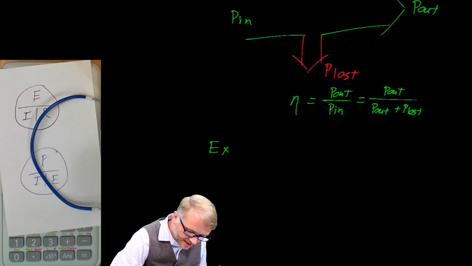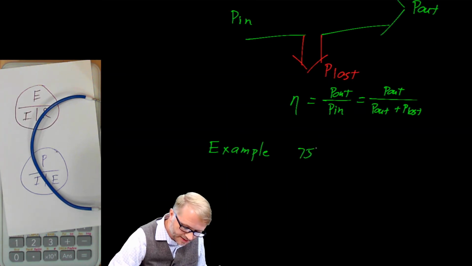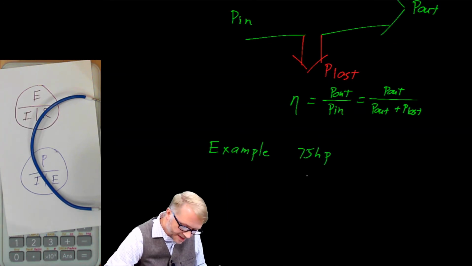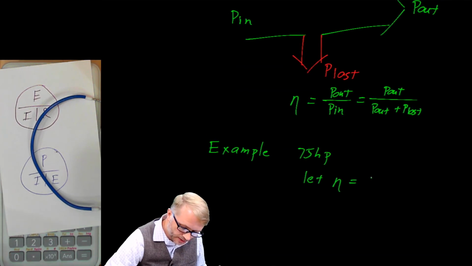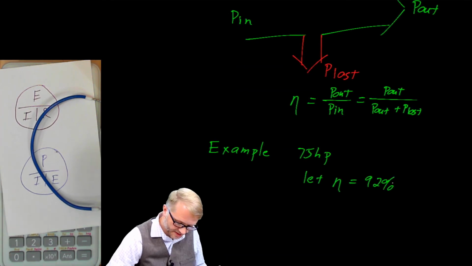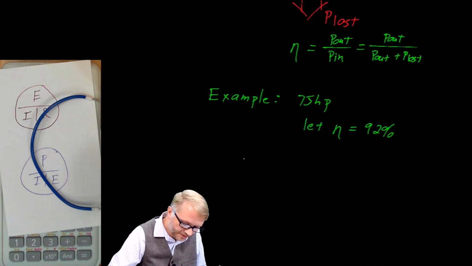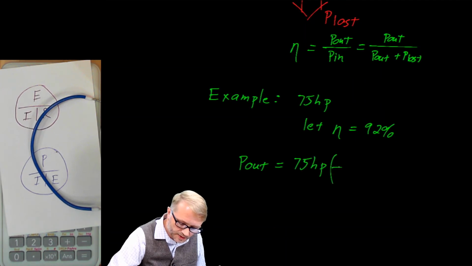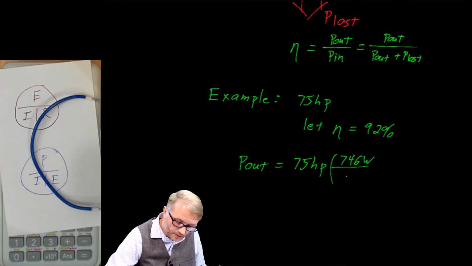For our example, so we got this 75 horsepower motor, let efficiency equal 92%. So from before, we described power out is equal to 75 horsepower. Using dimensional analysis, we converted that to watts, and we said that's approximately 56 kW.